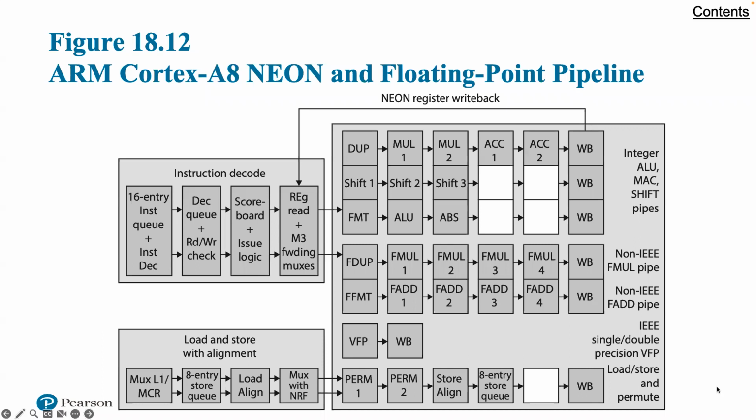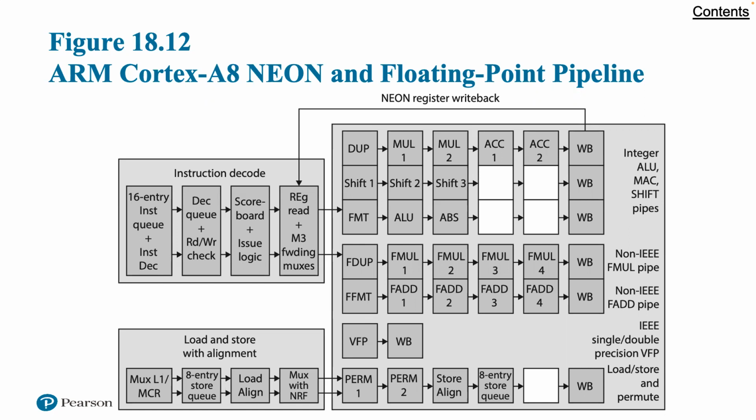Okay, let's look at the ARM Cortex-A8 Neon and floating point pipeline. A little bit more complicated here. So all SIMD and floating point instructions pass through an integer pipeline and are processed in a separate 10-stage pipeline, which we're showing here. The unit, referred to as Neon unit, handles packed SIMD instructions and provides two types of floating point support if implemented.